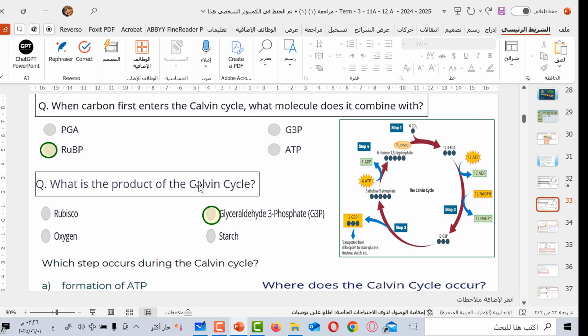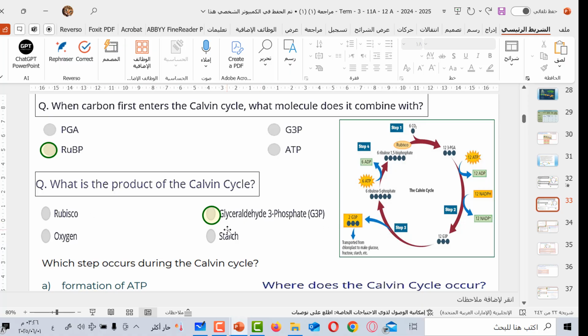Sometimes they call it like that, sometimes like that. Okay, what is the product of the Calvin cycle? The product of the Calvin cycle must be here, if you count, 12 ADP, okay, 12 NADP, okay, and you can say sugar.